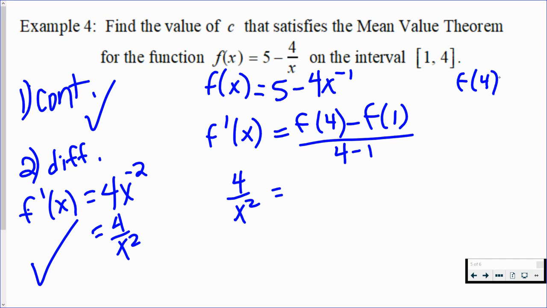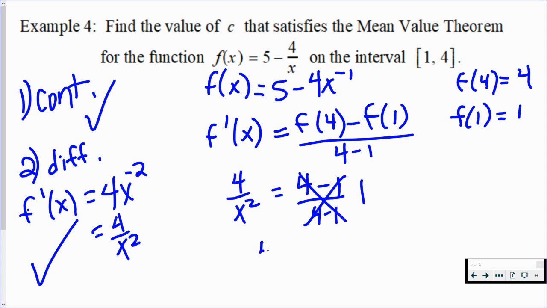And I'll just write it out to the side. 5 minus 4 over 4, that's 5 minus 1, which is 4. So 4 minus, okay, let's take a look at f of 1. 5 minus 4 over 1, 5 minus 4 is 1. So 4 minus 1 over 4 minus 1 is just 1. If we multiply by x squared, 4 equals x squared, so x is positive or negative 2.